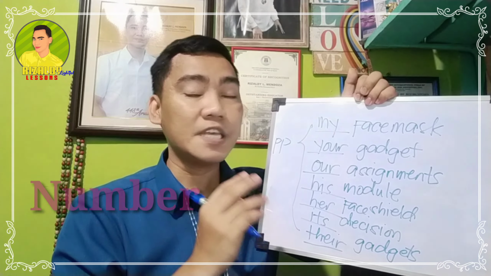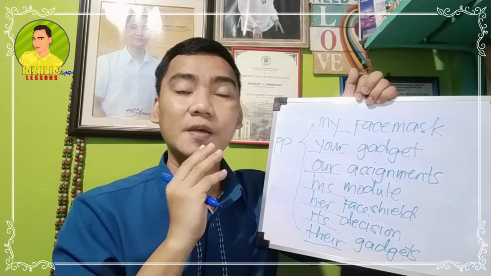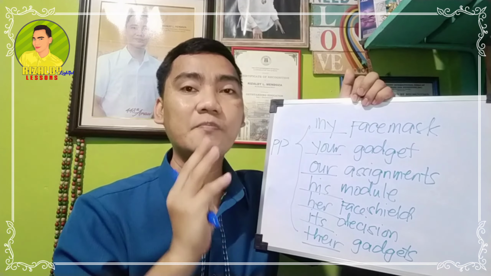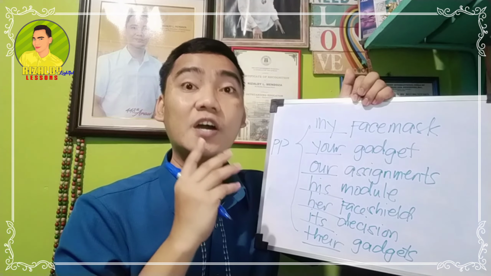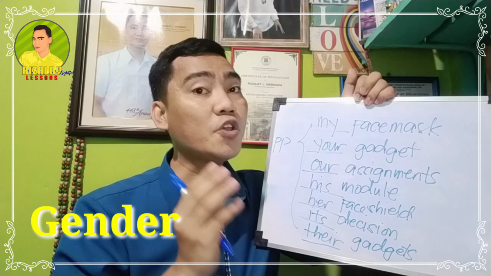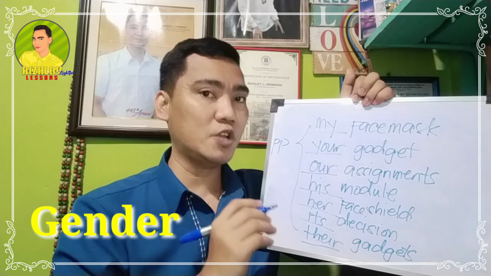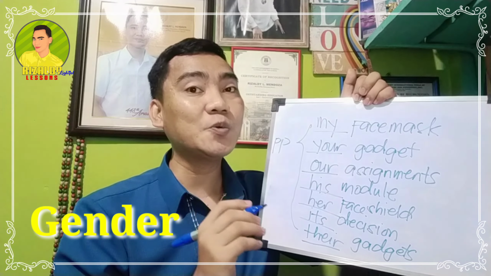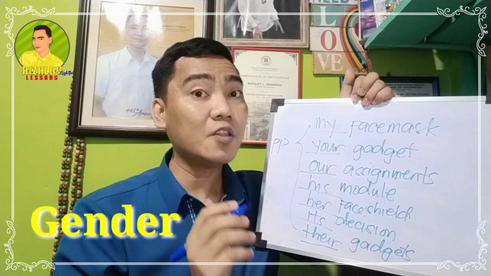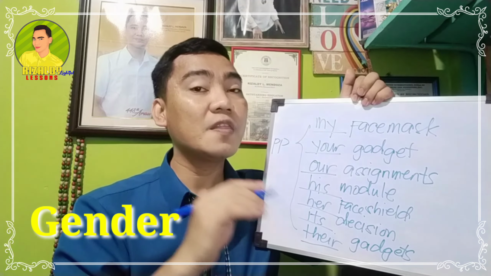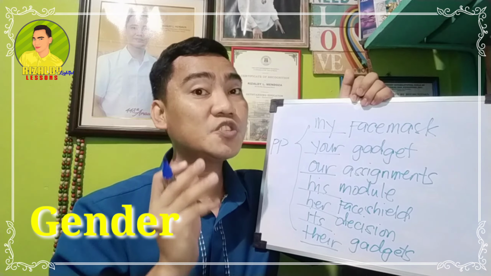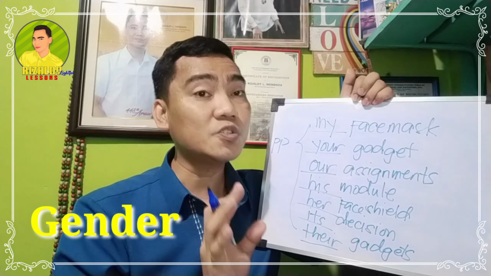Of course, in the possessive pronoun, you must also be familiar with the so-called gender. Remember gender? So of course, when you are referring to boy or male, then you may use the masculine. Then if you are referring to girl or female, of course you make use of the feminine. And if there's no gender, of course, that is neuter.